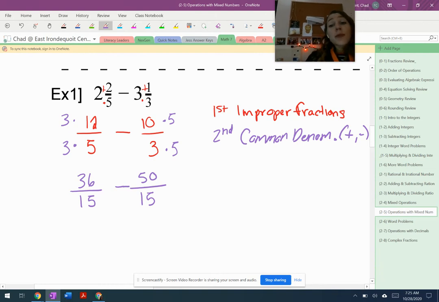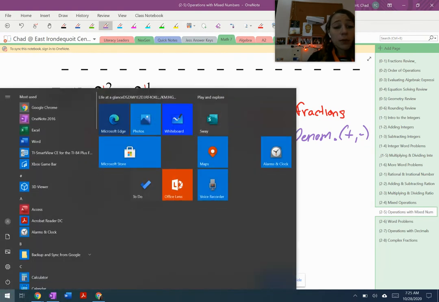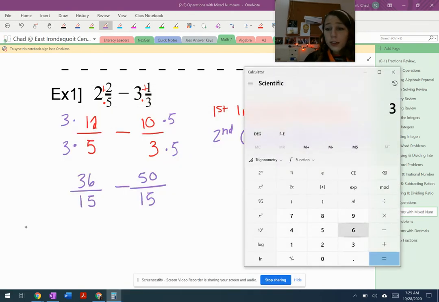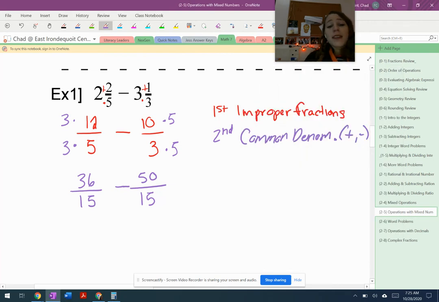All right, so at this point, this is where you can jump to your calculator and plug in 36 minus 50. I'll actually go ahead and open my calculator and do that. So 36 minus 50 gives me negative 14. And that makes sense that I'm getting a negative because I have 36 to start with, and I'm taking away 50, which means I do have more negatives.